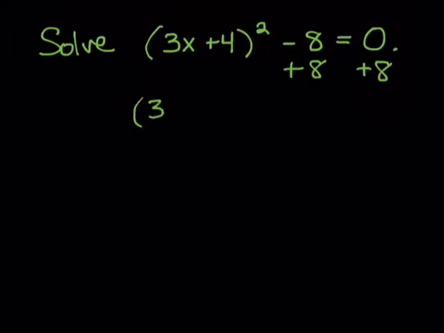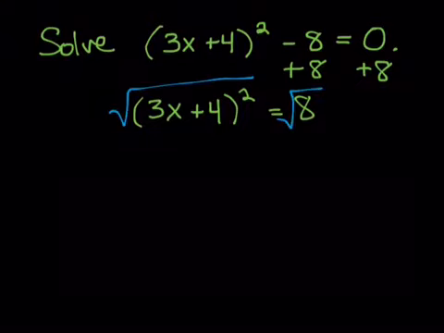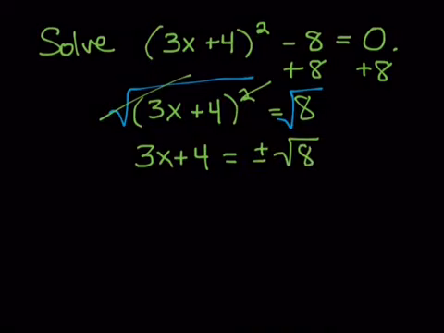And then we have (3x plus 4) squared equals 8. Next, square root both sides of the equation. On the left, the square and square root cancel, and that leaves you with 3x plus 4. On the right, we have plus or minus square root 8.